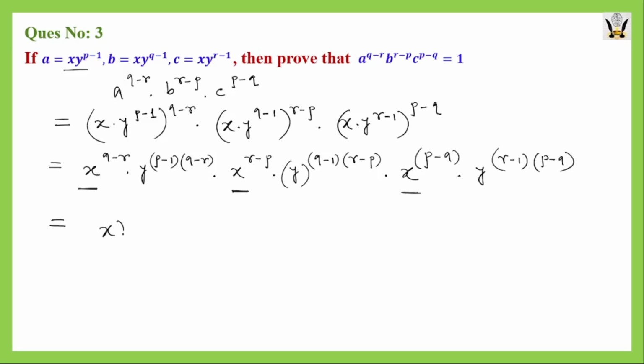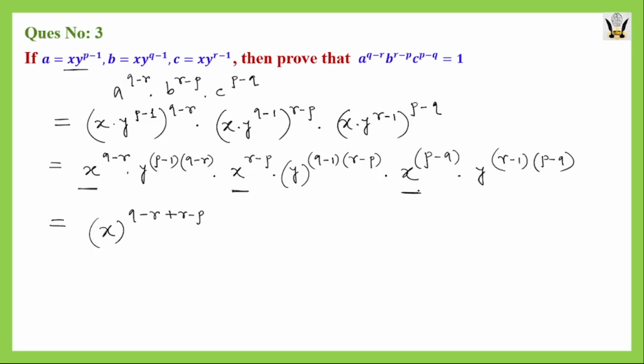Now if we focus on x only, for the first term we have the power q minus r, and for the second term, which is multiplied with the first x, its power is r minus p, so that power will be added.